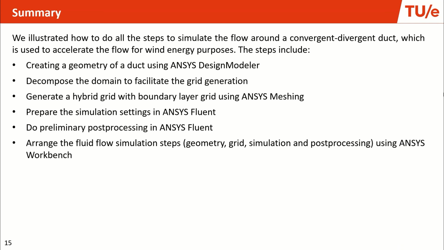The steps included creating a geometry of a duct using Ansys Design Modeler, decomposing the domain to facilitate the grid generation, generating a hybrid grid with boundary layer grid along the duct walls using Ansys Meshing, preparing the simulation settings in Ansys Fluent, and doing preliminary post-processing in Ansys Fluent. And everything was arranged within the Ansys Workbench environment. Okay, this was the first step. Now you're ready to go with your own simulation for wind energy purposes.